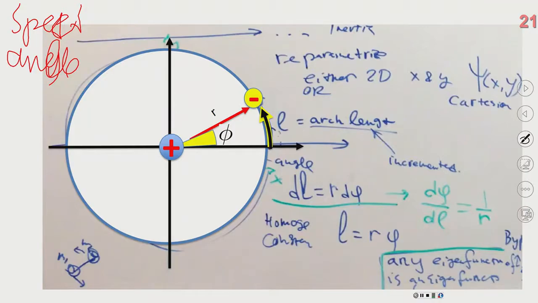Let's call it lowercase l. But if the radius is fixed, then this arc length is connected to the angle. A small change of arc length is the radius times a small change of the angle, right?